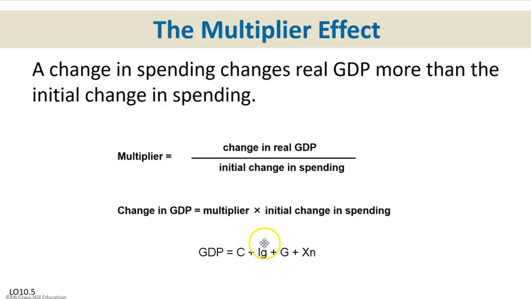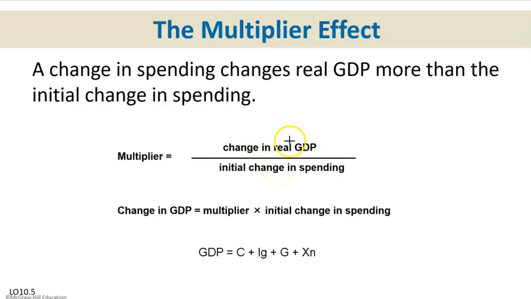Or if, let's say, investment goes up by 10 billion and GDP goes up by 40 billion, then that would make the multiplier 4.